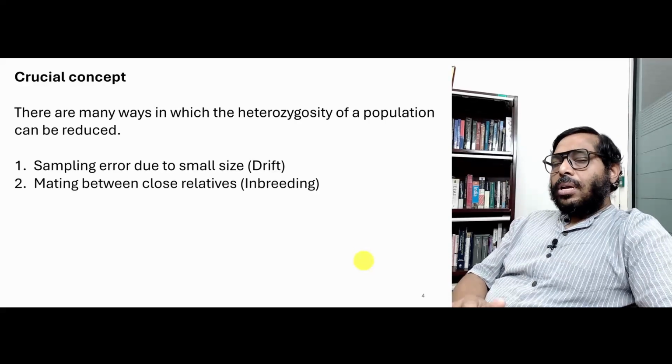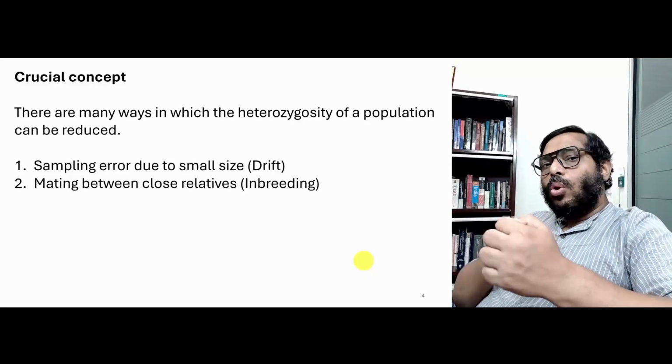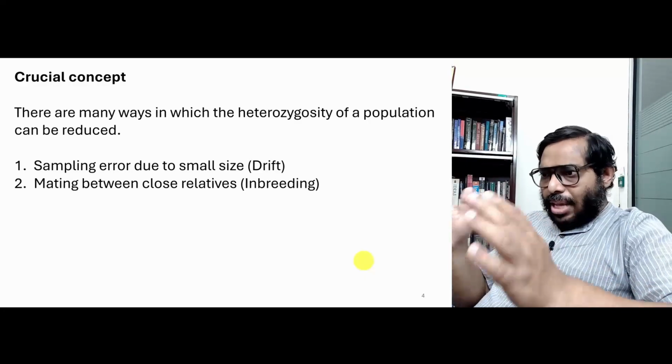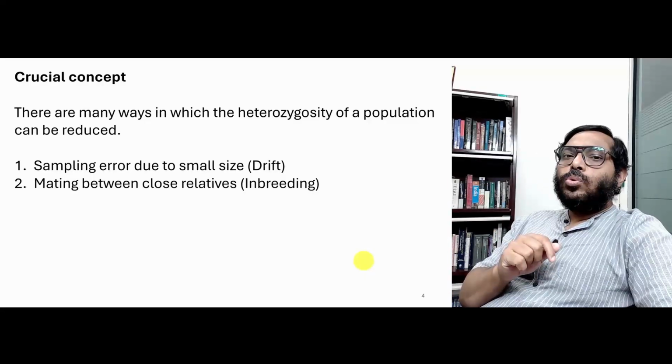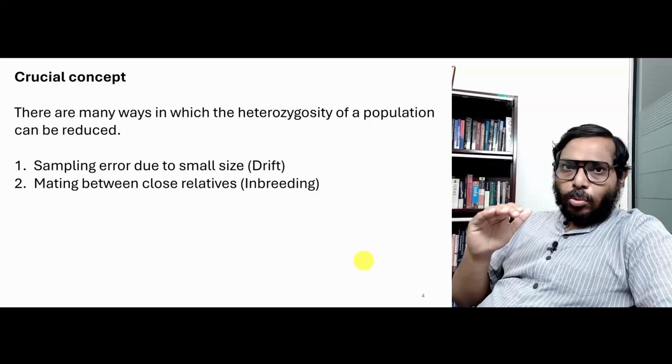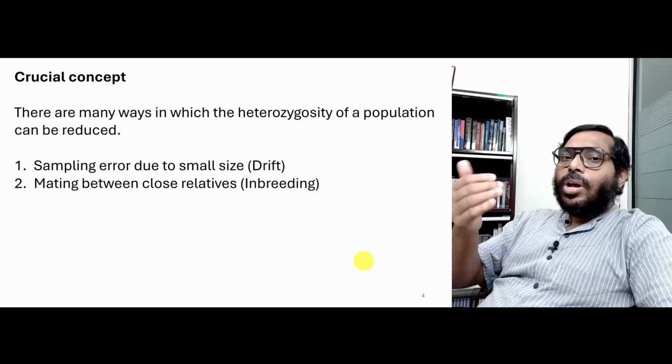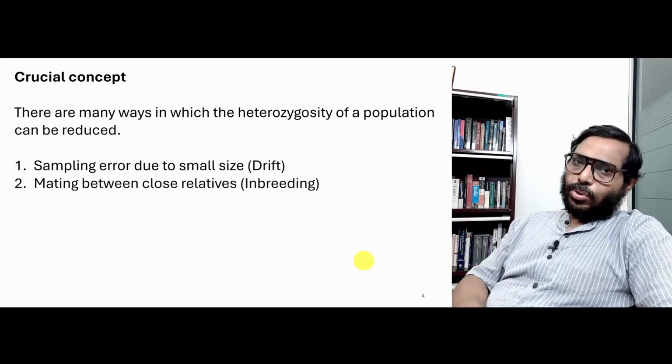So, for example, suppose you have mating between close relatives, then as we are going to see in one of our subsequent discussions, that can also lead to in general an increase in the homozygosity in the population, and therefore a reduction in the fraction of the heterozygotes.